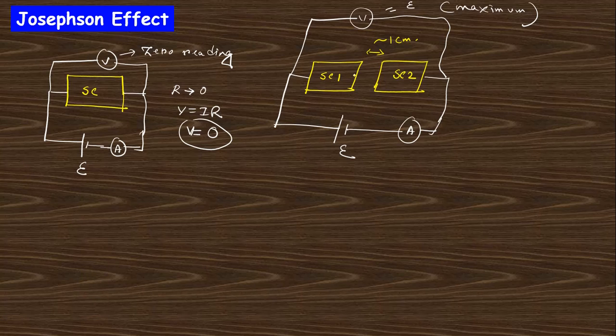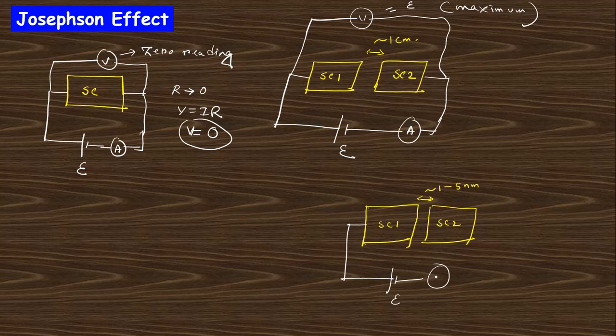But if we bring these two superconductors, superconductor 1 and superconductor 2, close together to a gap of nearly 1 to 5 nanometers, then what happens? With the applied EMF, the ammeter, and the external voltmeter, the value of the voltmeter again tends to 0.